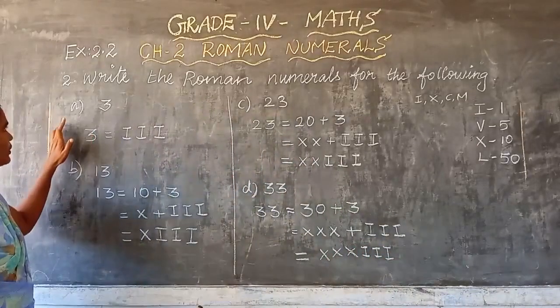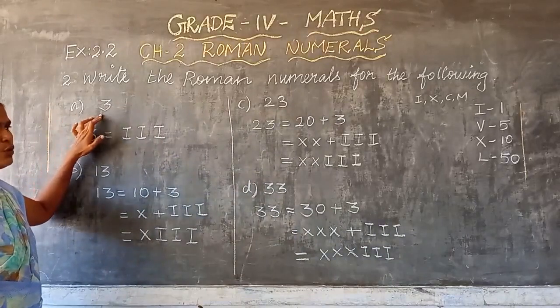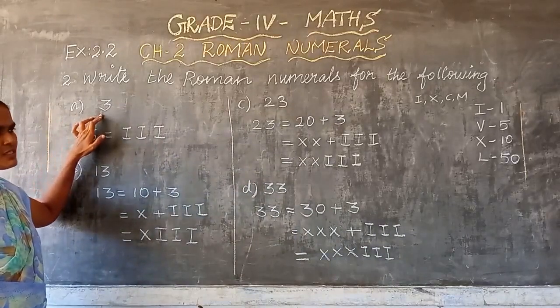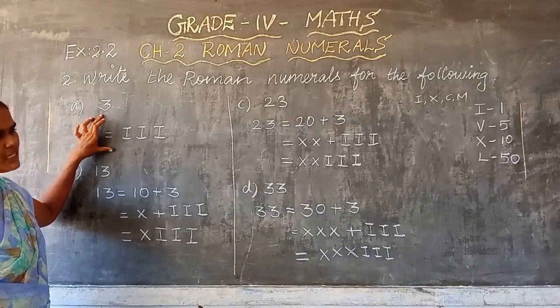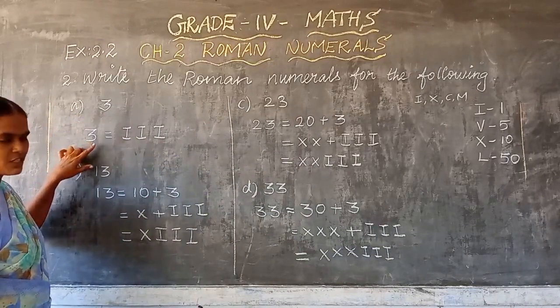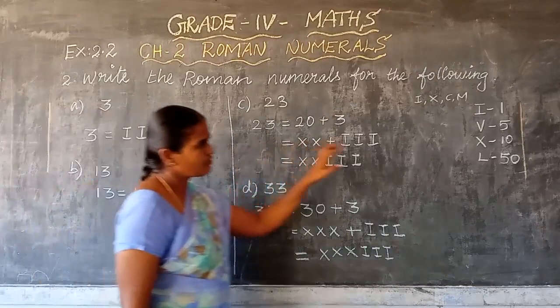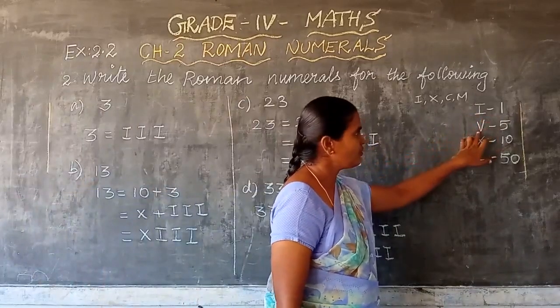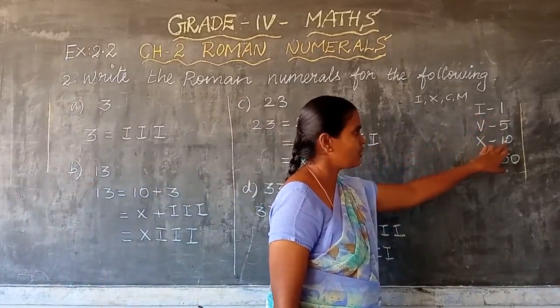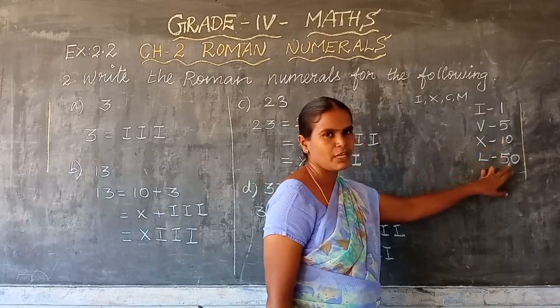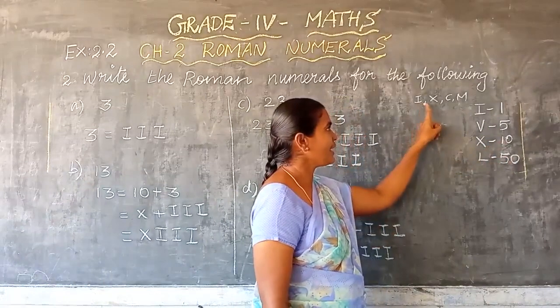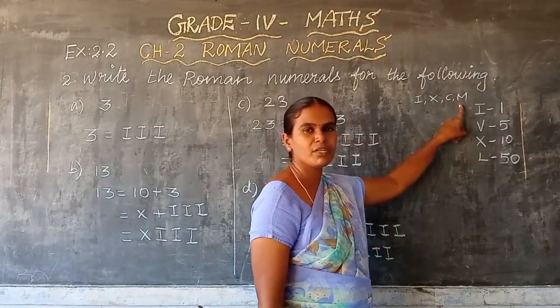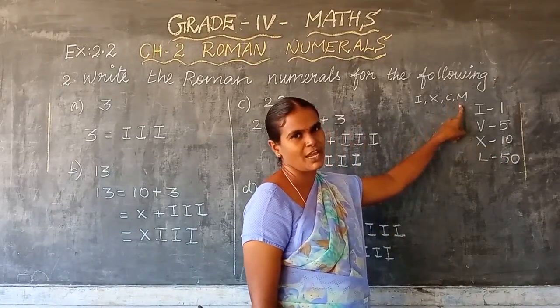Okay. And the next sum, 3. The rules you know very well, so these sums are very easy. Here given 3. We know very well I value 1, V value 5, X value 10, L value 50. First rule: I, X, C, M can be repeated maximum 3 times.